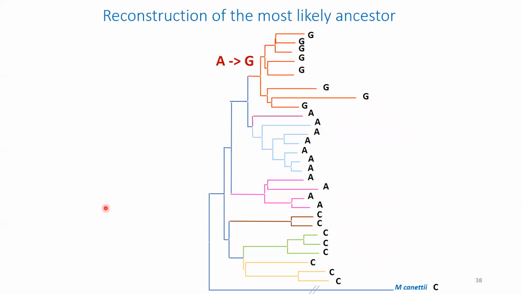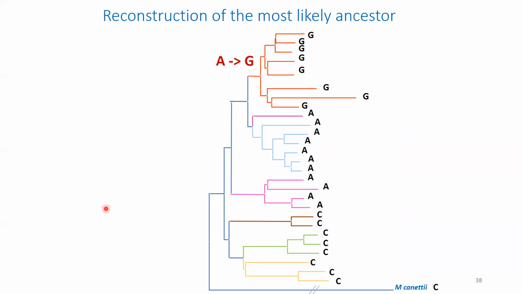I will try to illustrate how one does the reconstruction of an ancestor sequence. Imagine we do that for the first position of the chromosome of H37Rv. Okay, let's take position number 1.